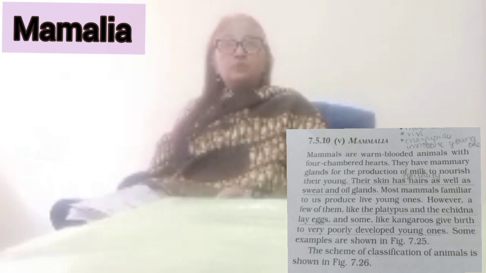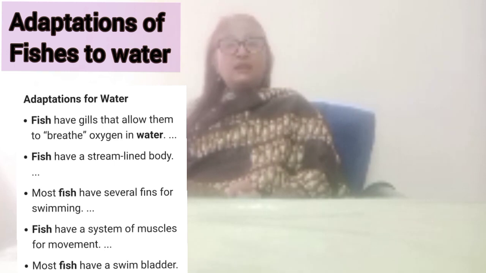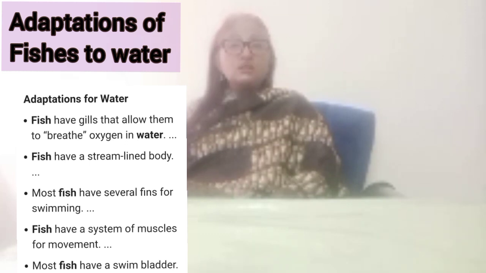I would like to specially mention the adaptations of fishes for an aquatic life. The first thing is that they have a streamlined body. They have fins to swim in water and a tail that acts as a rudder to change the direction. The fins help them in movement, and not only that, the scales are covered with a kind of mucus which prevents desiccation.